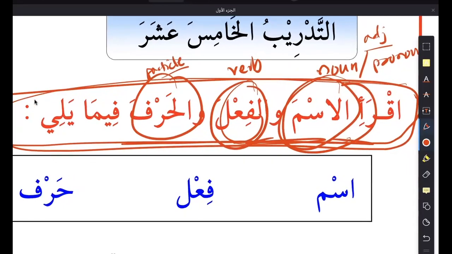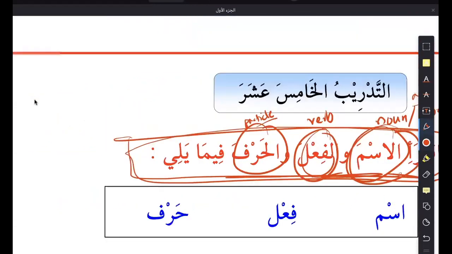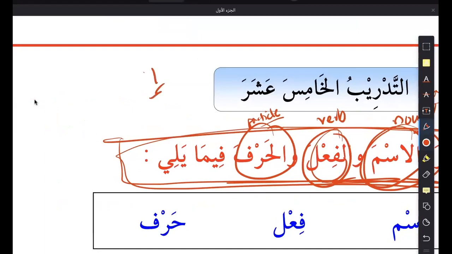And the harf is what the Arabic grammarians want to say, is the words that do not have a meaning by themselves. If the word stands by itself, we don't know what you mean. So for example, if you say ila, which means to, this word actually, this "to" is just an approximate meaning for this word.